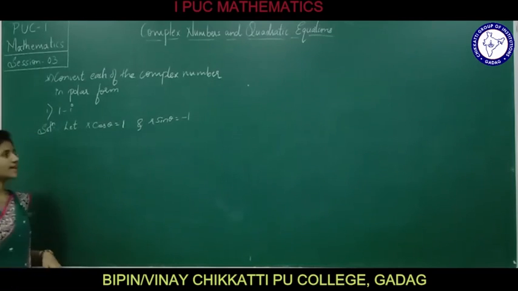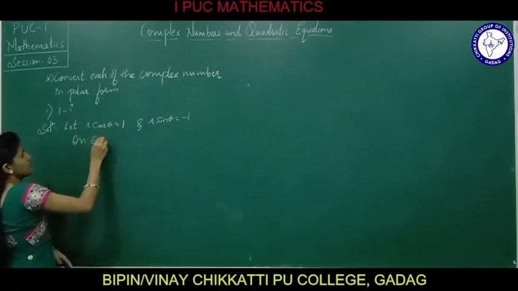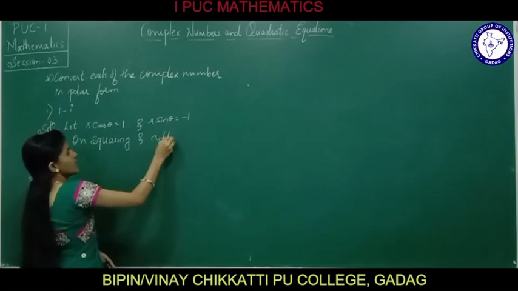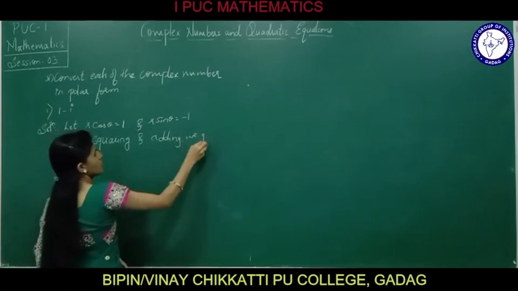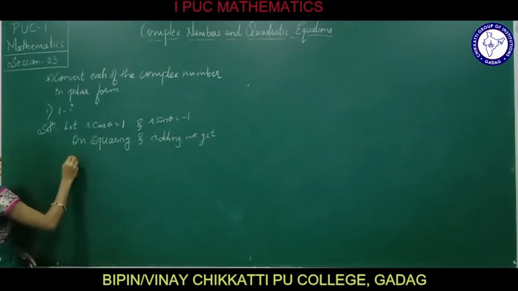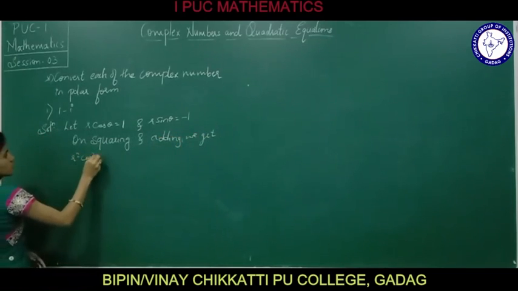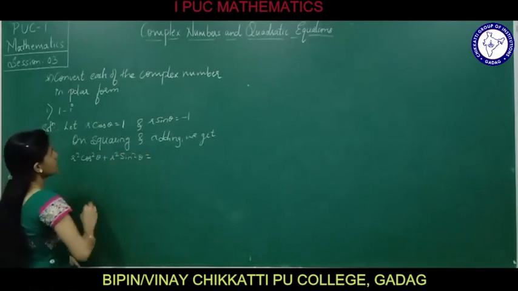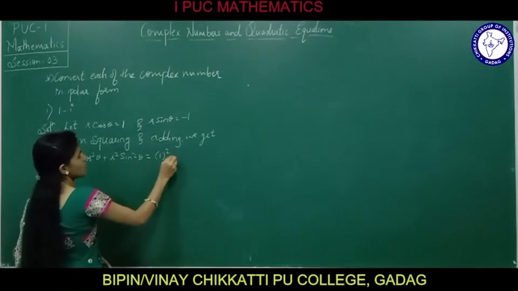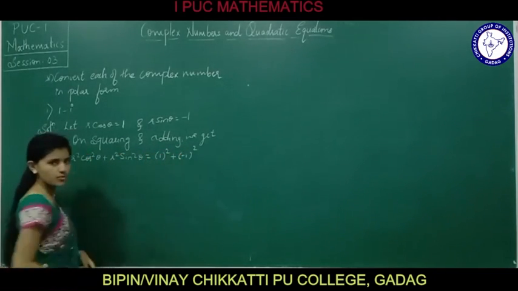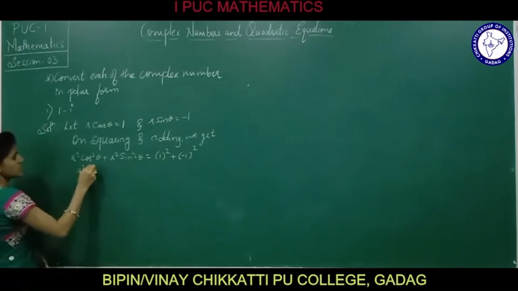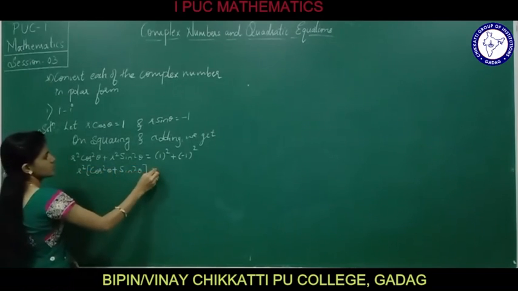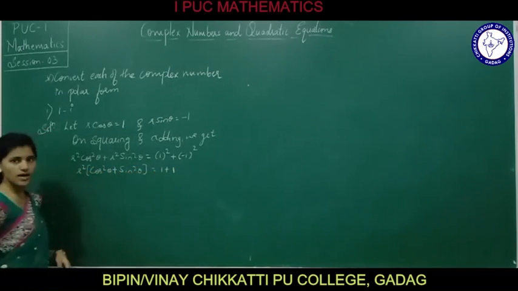On squaring and adding, we get r square cos square theta plus r square sin square theta, that will be equal to 1 square plus minus 1 square. We have r square common, that is cos square theta plus sin square theta is equal to 1 plus 1.